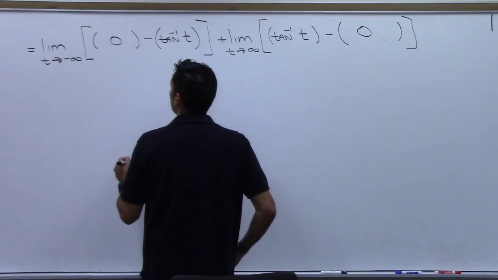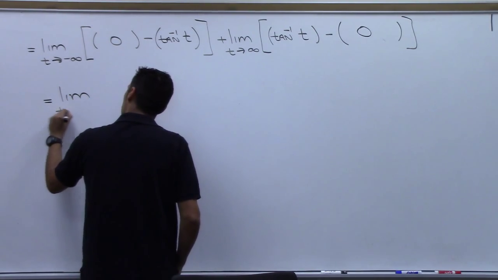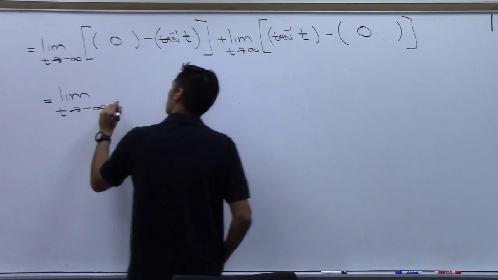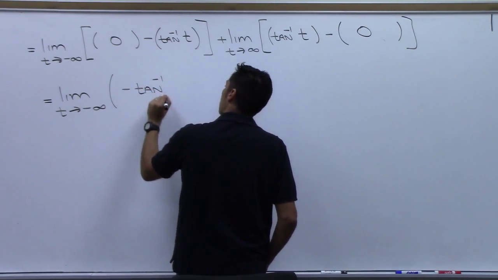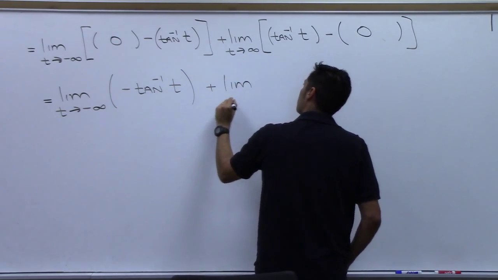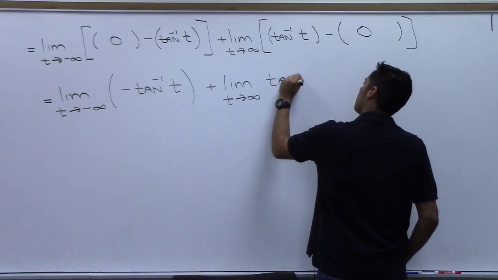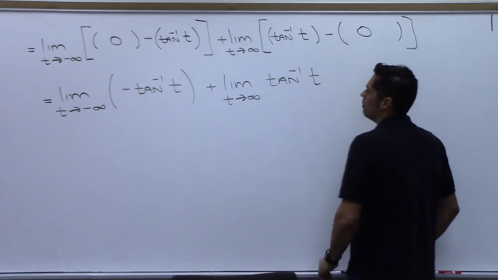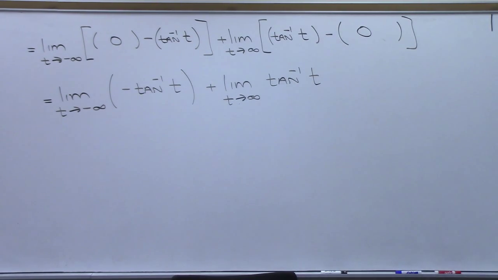I guess you don't need the next line, but I'll write it down. I'm just getting rid of those zeros. Okay, that's what we have, right? That's it.